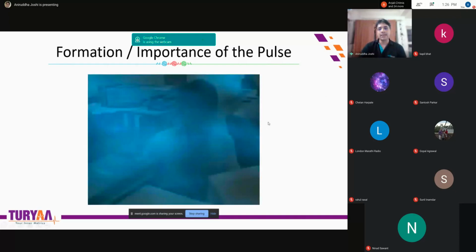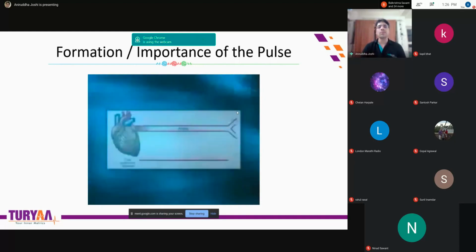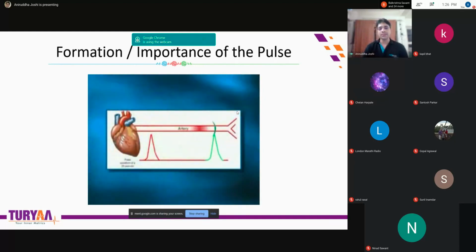The second explanation goes like this. Again, the pulse starts from the heart, and then there are so many bifurcations at every location of our body. At each bifurcation, the blood goes further, but some of it comes back. Not the blood, but the pulse comes back.